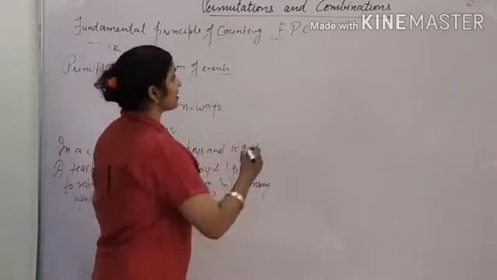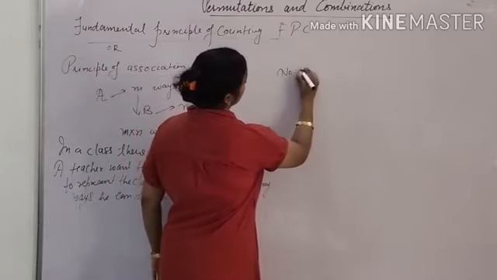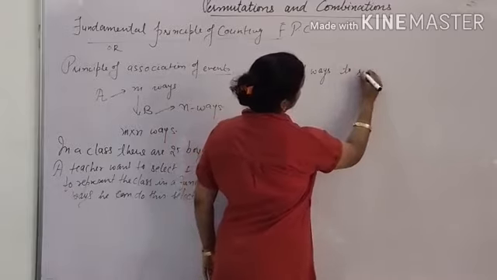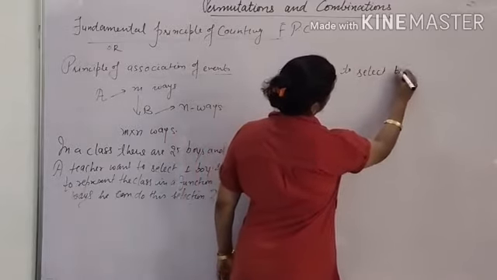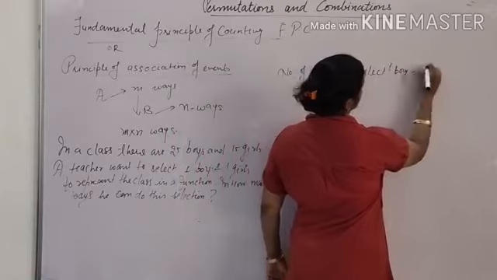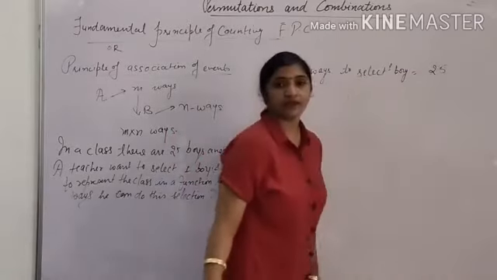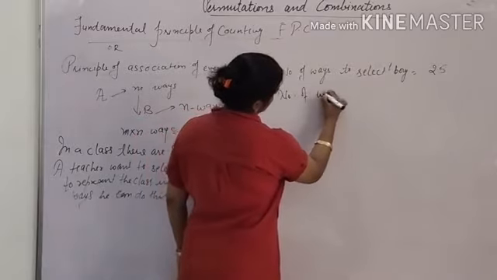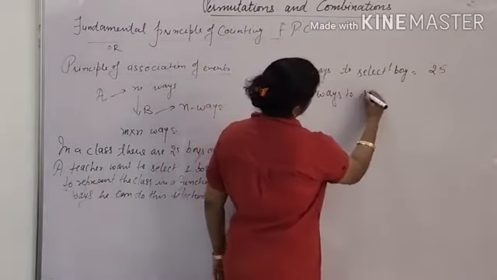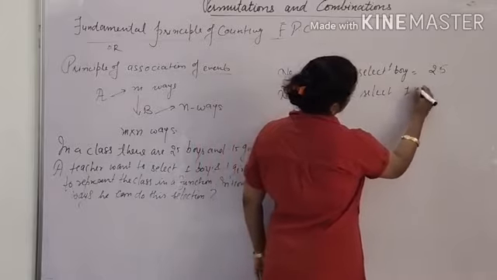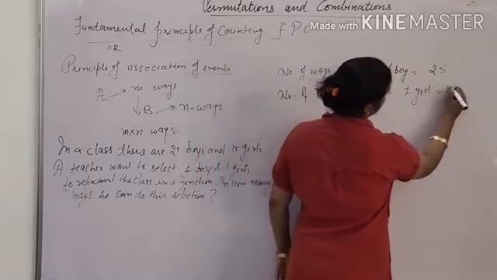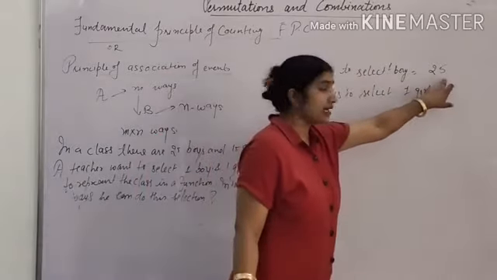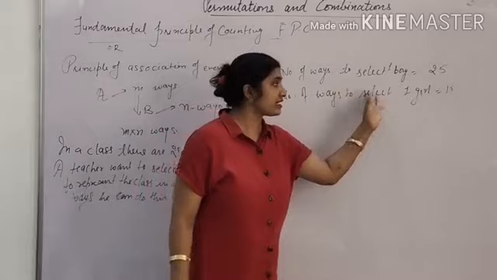So, the number of ways to select one boy is 25. Okay, and the number of ways to select one girl is 15. Okay, this is event A that can occur in 25 ways, after which this is an event B which can occur in 15 ways.